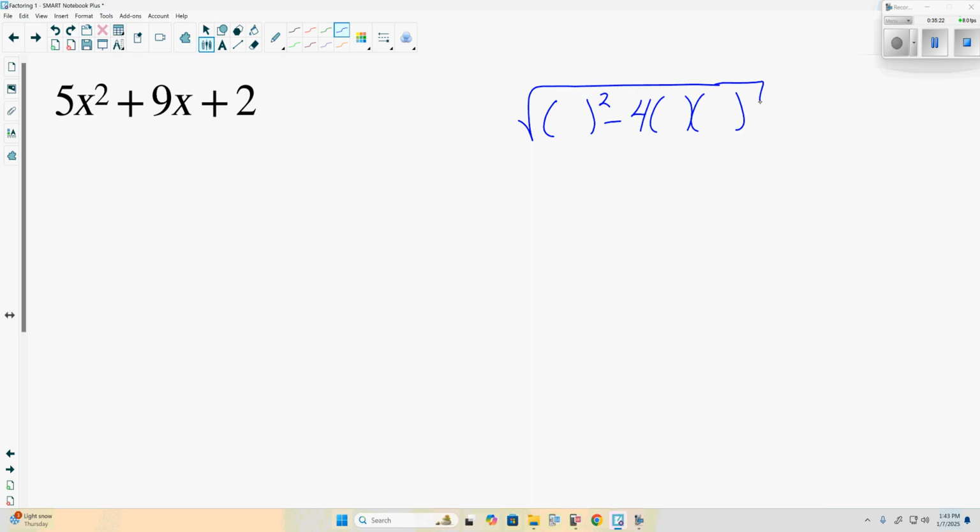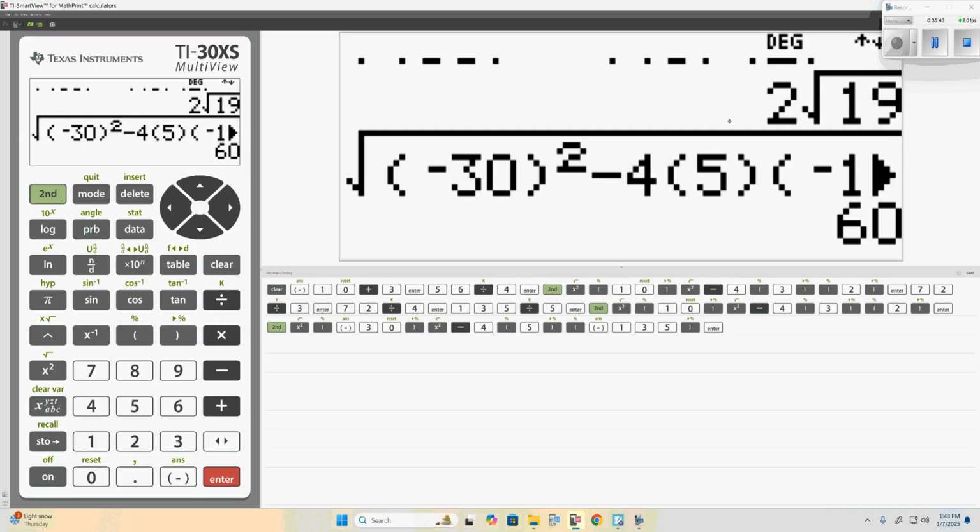Now, luckily for us, especially when you're doing these on the homework or trying to see if they do factor. Got one? Yep. You don't necessarily have to write this out. You can just throw it in the calculator because it's square root of b squared, 9 squared minus 4 times a times c.